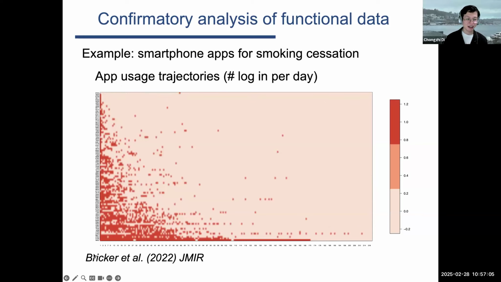There are about 218 days for each individual, and for each individual on each day, we have a binary outcome. We know if they used the app or they didn't use the app. If they used the app, it's coded as 1. If not, it's coded as 0. So if you look at this line, this person probably didn't use the app until around here.